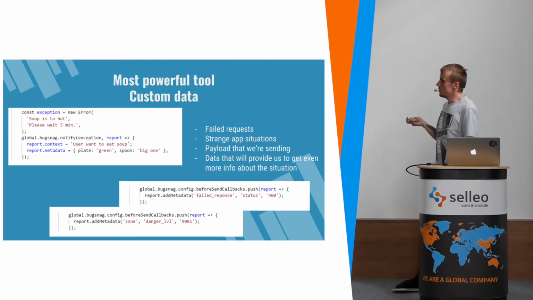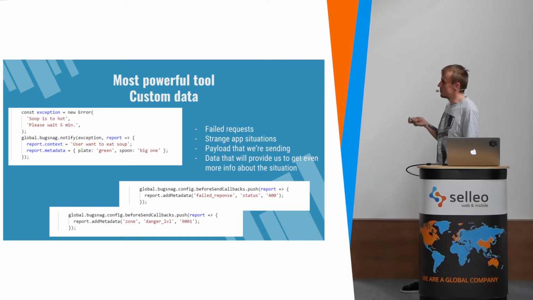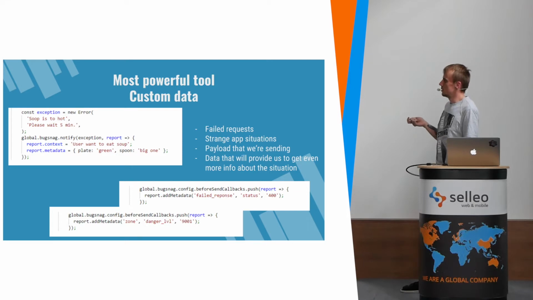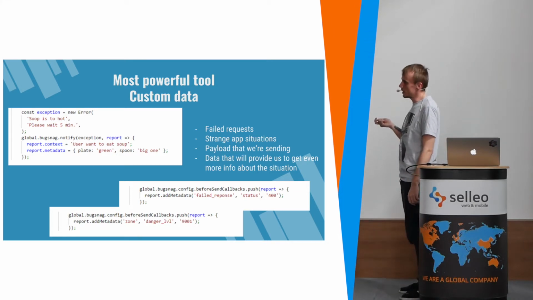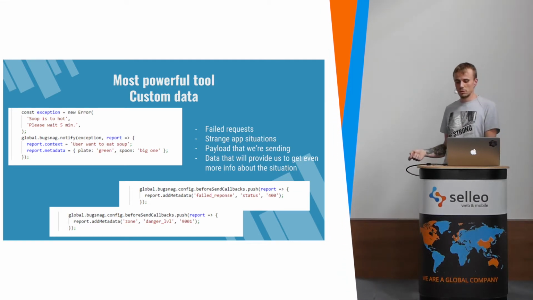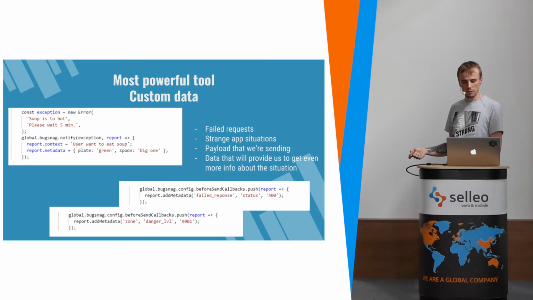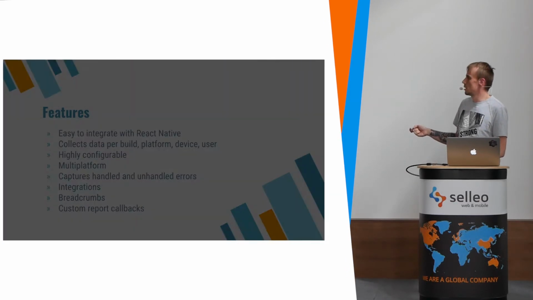For example, if you want to add some additional info to the exception, you can inject into a report object and add it there, and it will pop up here in the additional tab.